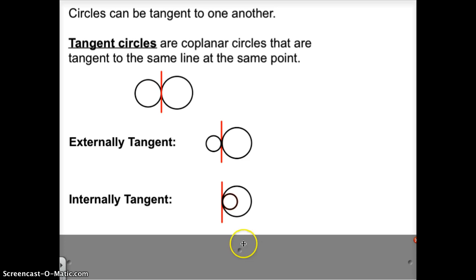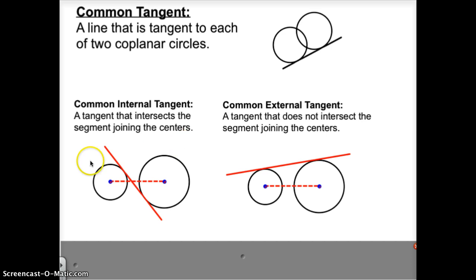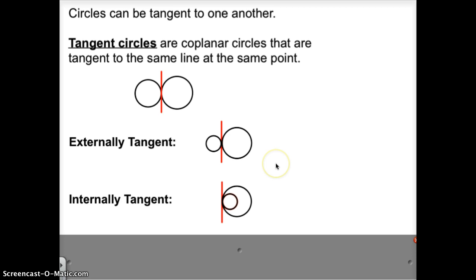And if the two circles share the same tangent, but one circle is inside the other, it would be considered internally tangent. Now, this is different than the last slide because remember, we're talking about the tangent being the tangent line, whereas the circles are tangent to each other, basically intersecting the same tangent at the same point of tangency.